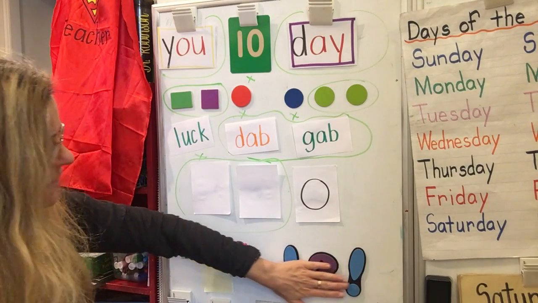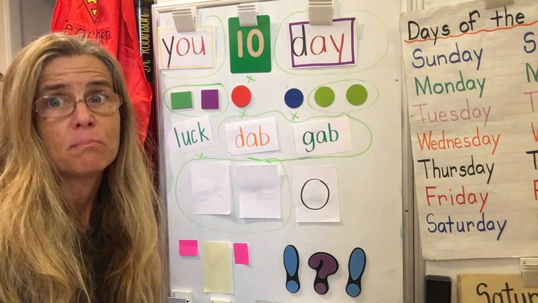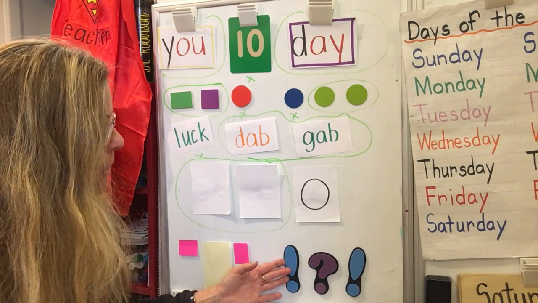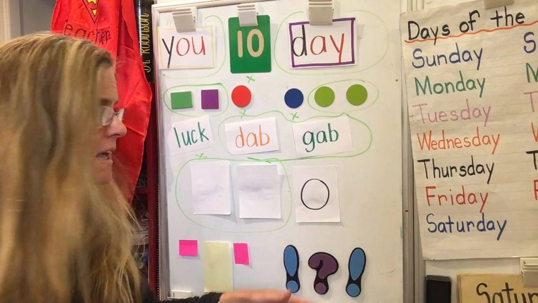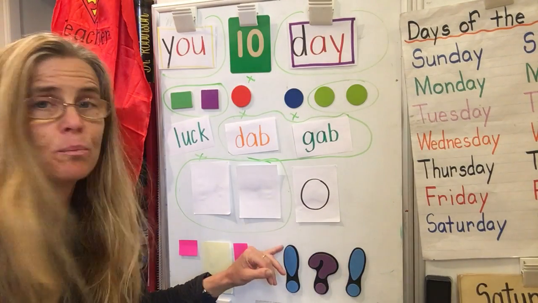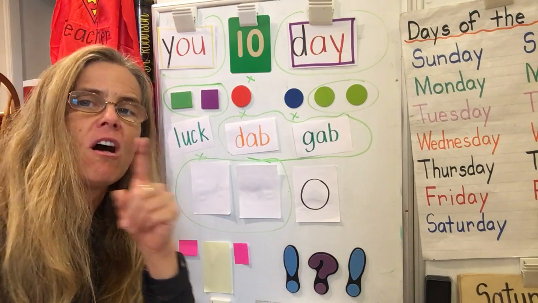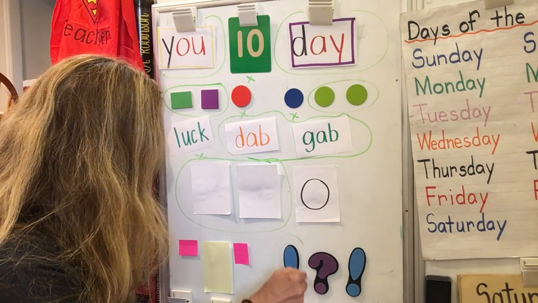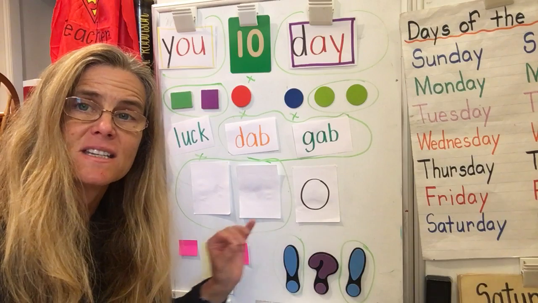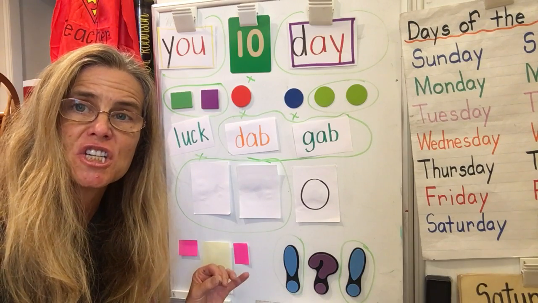Now let's look here. These are all what? Punctuation marks. Exclamation point. Question mark. Exclamation point. 2 of them are what color? Blue. So we could do it based on blue. But also look, the ones that are blue are also the same type of punctuation.